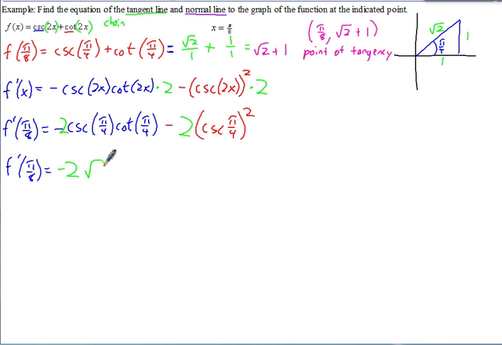That's just square root 2 times the cotangent of pi over 4, which is 1 over 1, so 1. Minus 2 times the cosecant of pi over 4, again, was square root 2, times the square. So f prime of pi over 8 is negative 2 root 2 minus square root of 2 squared is 2, times 2 gives you 4, so negative 2 root 2 minus 4. So that's the slope of the tangent.